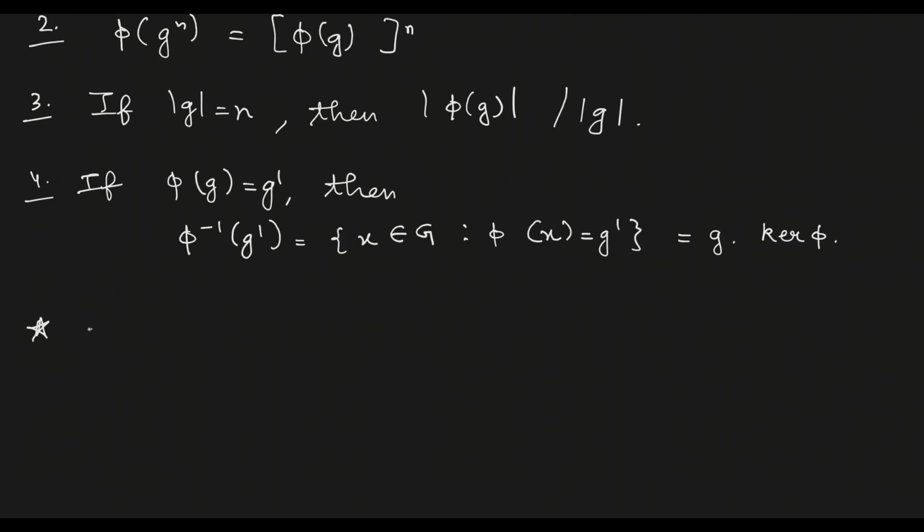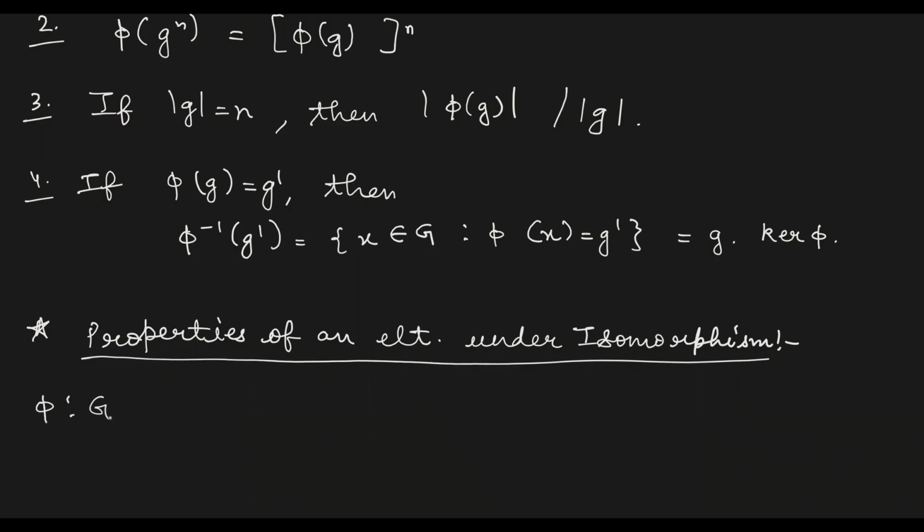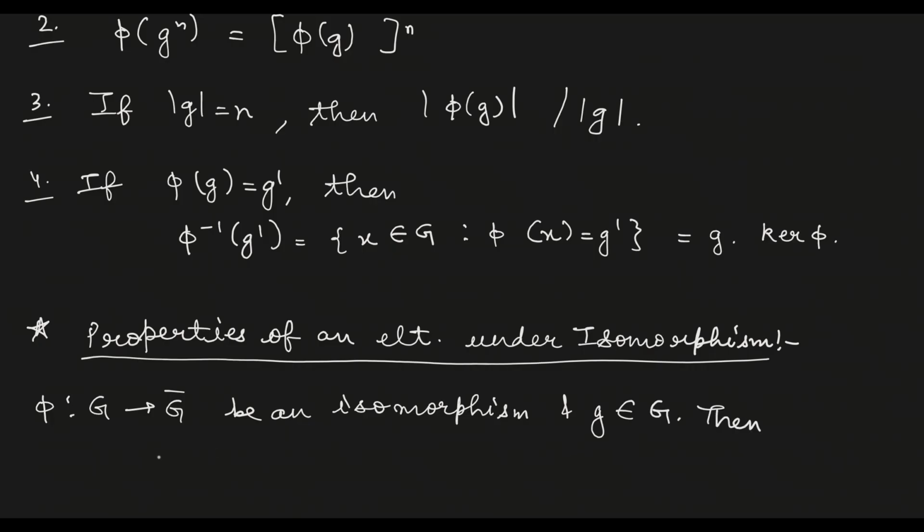Next, some properties of an element under isomorphism. Phi is a mapping from G to G bar, an isomorphism, and g is an element from domain G. Then first, identity is mapped to identity. Phi E is equal to E bar.